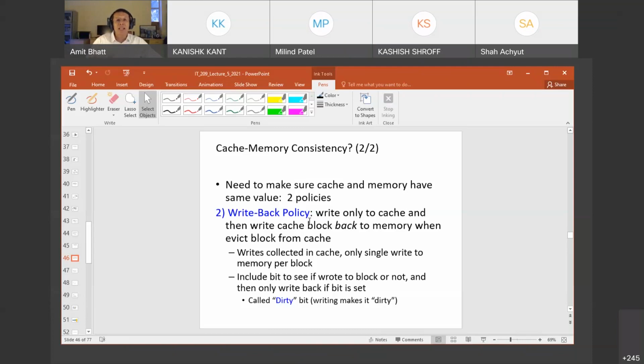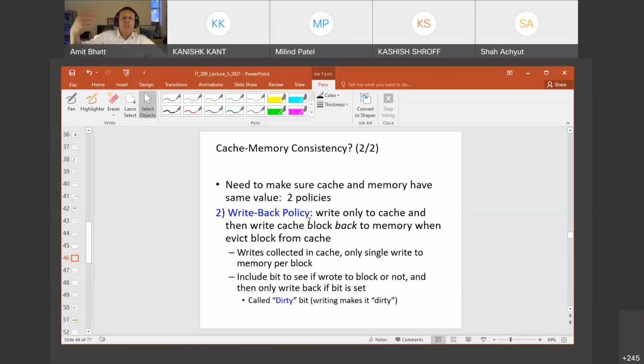Because let's say a counter value. If you have written a program which is just 5 lines long, and the counter value keeps changing every cycle, then if you have used the write through policy, that particular counter has to be updated in L1 and L2 and L3 and main memory all the time. Then you'll say, oh, this is such a waste of time that every time this comes.